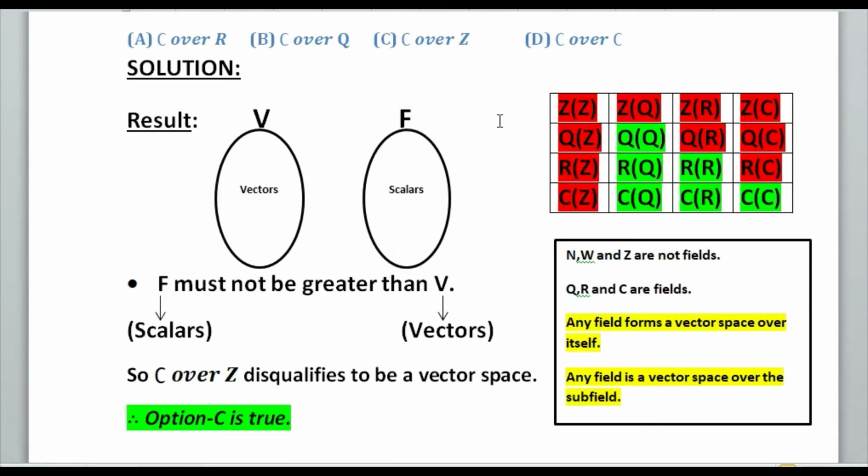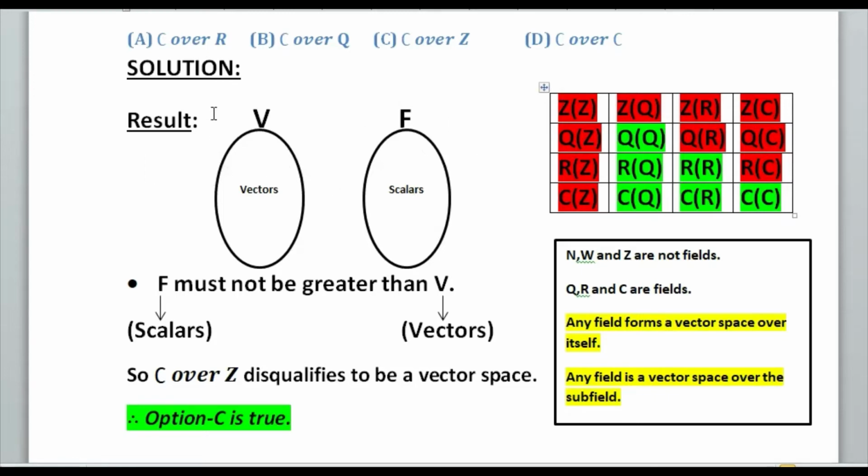Remember two things. The second set, the one after "over", must be a field. Then, the second set must not be greater than the first set.